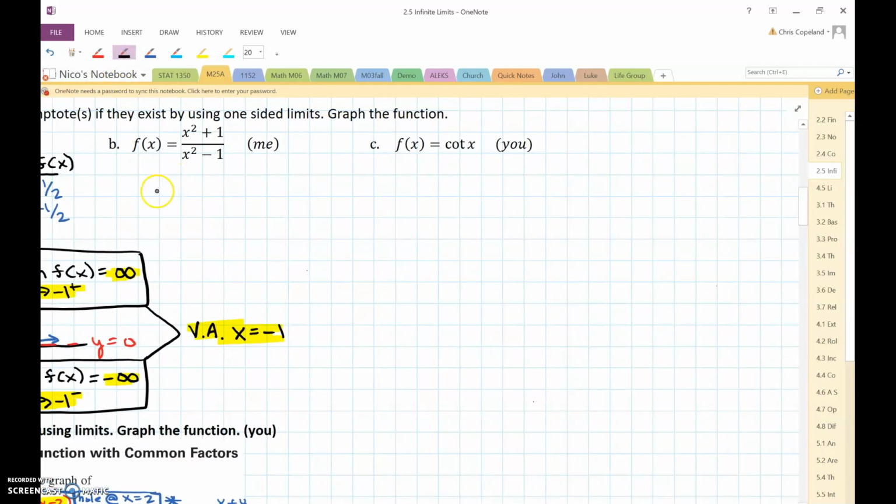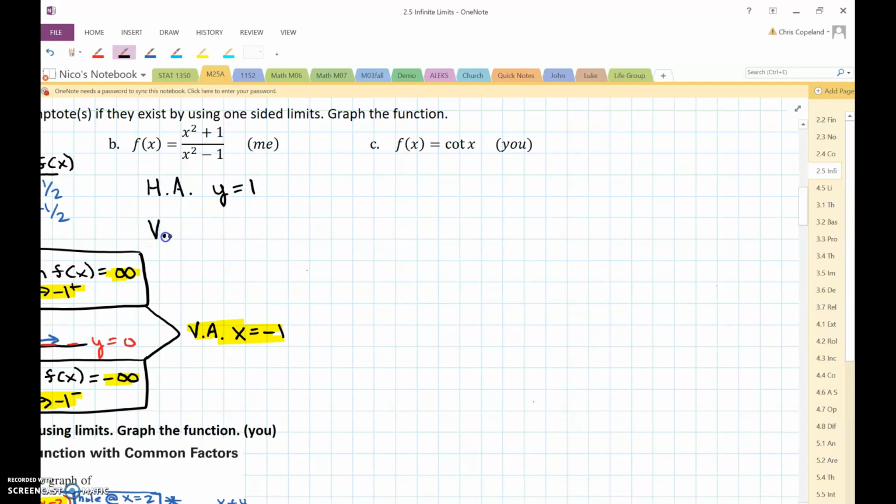Again here, let's see if we can figure out the horizontal asymptote. Notice that the degree of the numerator and denominator is the same. So we've got the leading coefficients, which is 1. So this is going to be y equals 1.